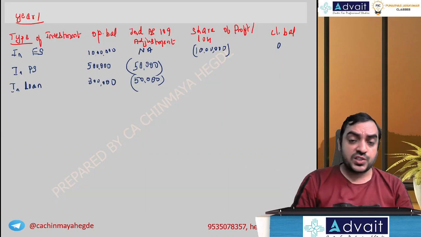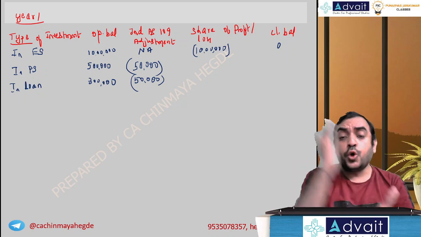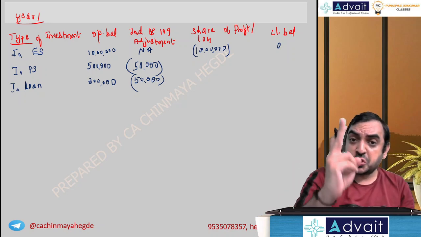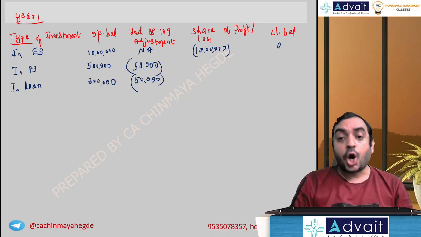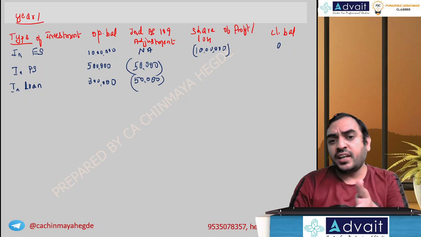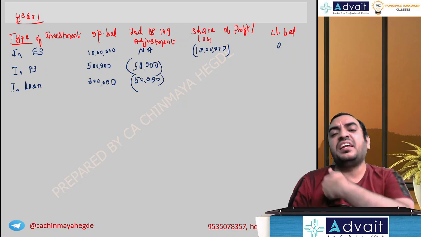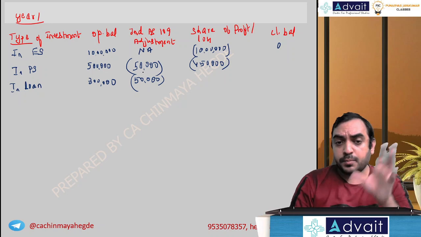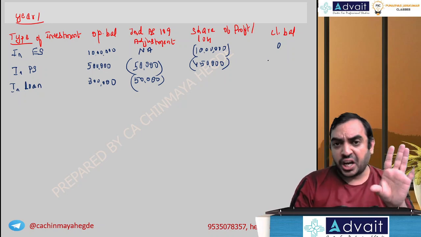Subtract for both of them 50,000. For preference shares, reduction in the fair value; for the loan, reduction by the impairment loss of 50,000. Now first to whom should I give the loss? After equity shares, first you should give it to preference shares. How much loss? 5 lakh is the balance, 50,000 Ind AS 109 coming. Balance 4 lakh 50,000. Entire 4 lakh 50,000 you can take. Subtract. So 5 lakh minus 50,000 minus 4 lakh 50,000.